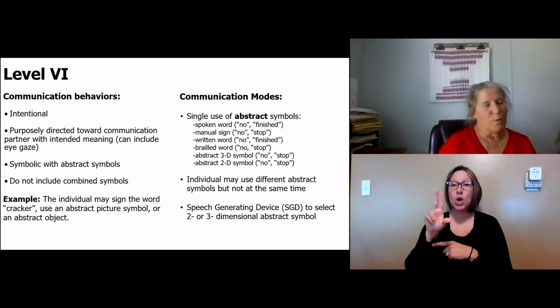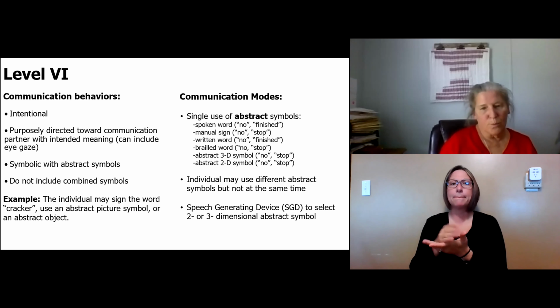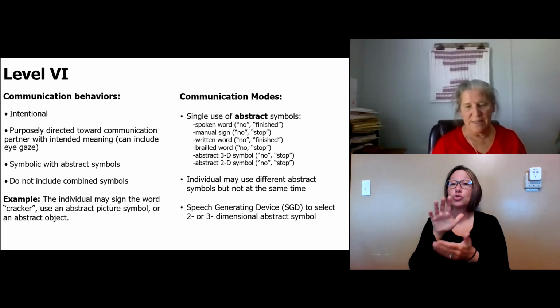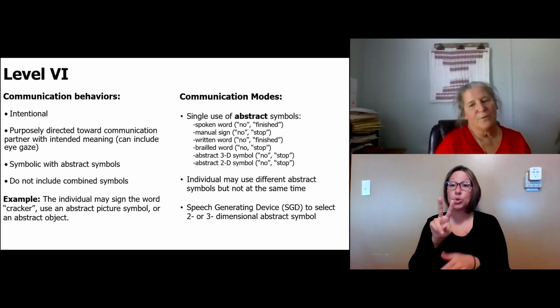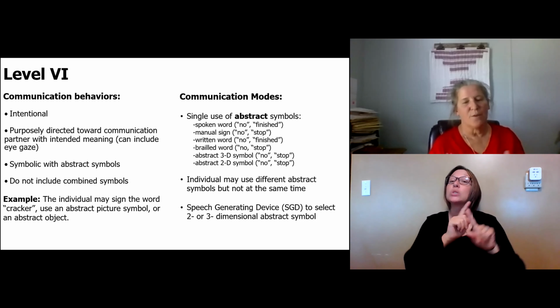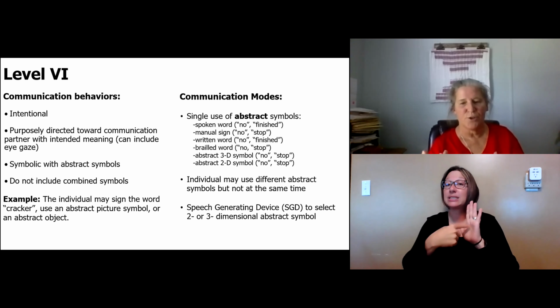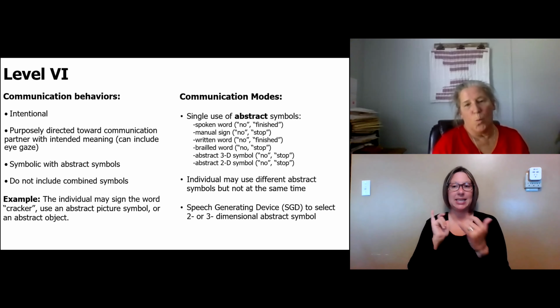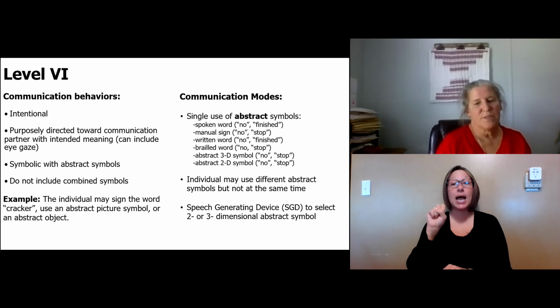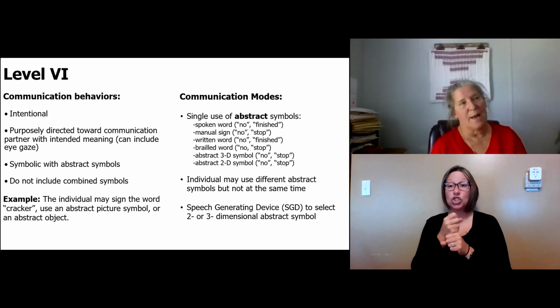They may use written word, brailled words, abstract 3D symbols or 2D symbols. And they may use different abstract symbols, but not at the same time. So they may, depending on what it is you're using. And then they may be using speech generating devices to select some of those abstract symbols.